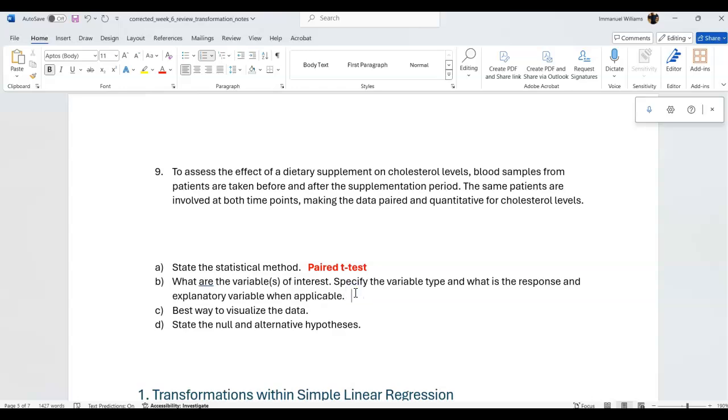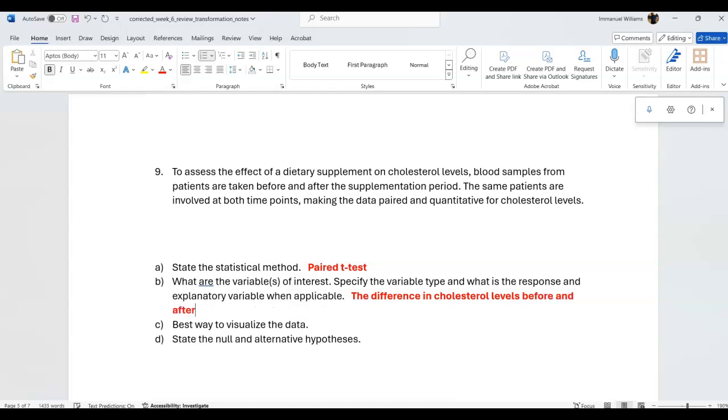The variable of interest is going to be the difference in cholesterol levels, before and after the supplementation period.